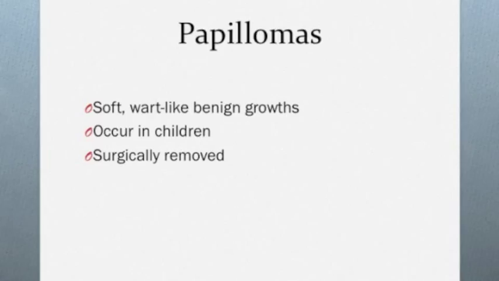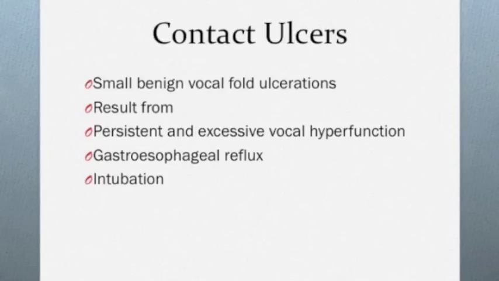Papillomas must be surgically removed as they can obstruct the airway and become life-threatening. The voice quality in children with papillomas is breathy and harsh, resulting in chronic severe hoarseness. Speech-language pathologists help children develop their best voices and teach them vocal hygiene techniques.